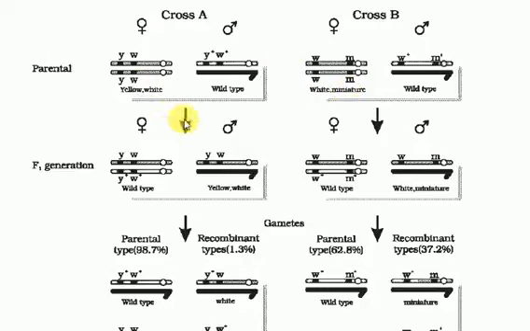सो जब इनका क्रॉस होता है so we will make a cross and an F1 generation will be produced. So in that F1 generation the wild type and yellow white type organisms are produced, and the parental type are 98.7, means जितने parental type थे 98.7 are present as it is in the next generation. It means that the linkage was very high.